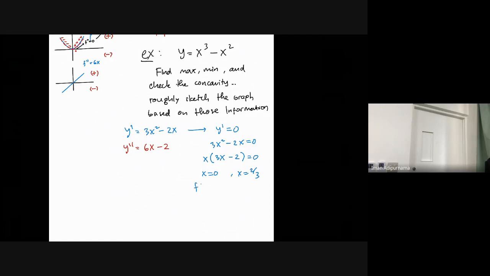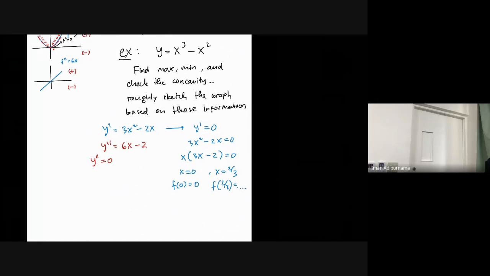You can check the original function value at 0 and at 2/3. I think it's some number here. You can check by yourself if you want, but I just want to show you the x. Then set y double prime to 0, which is to check the concavity.